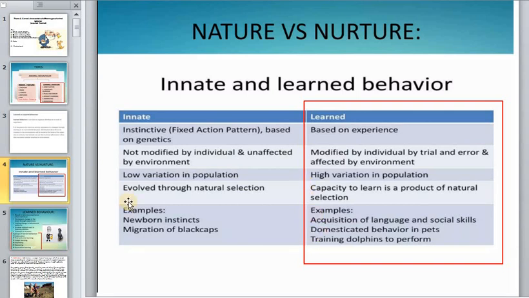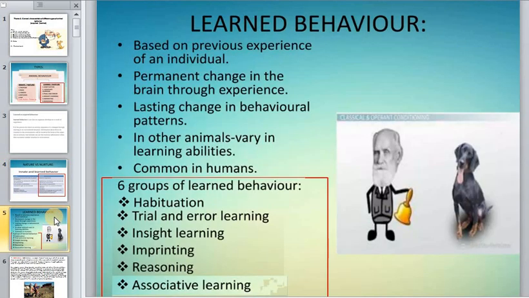And some examples, of course, we find more. And here we see the 6 groups of learned behavior. First, habituation, trial and error learning, insight learning, imprinting, reasoning, and of course associative learning.